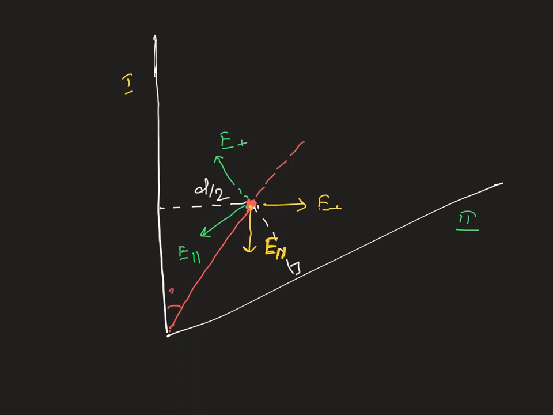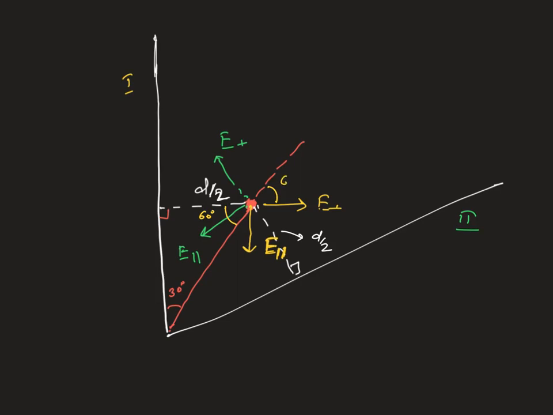So this angle is how much? 30 degrees. This angle is how much? 90 degrees. You remember this distance was D by 2. This distance was D by 2 and this distance is also D by 2. Okay. 30 degrees, 90 degrees. So what is this angle going to be? It is going to be 60 degrees. If this is going to be 60 degrees, what is this angle going to be?